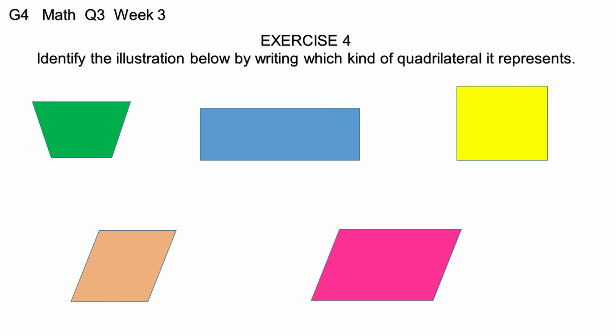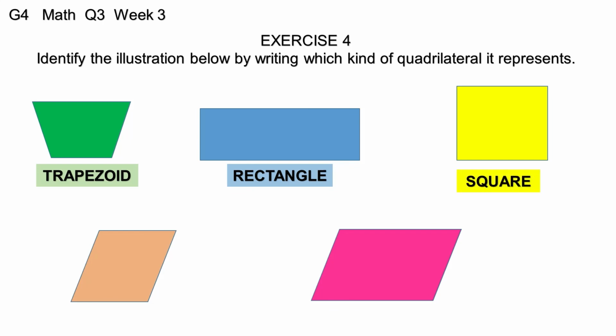Exercise number 4. Identify the illustration below by writing which kind of quadrilateral it represents. So, yung green muna. What do you think? The green one is a trapezoid. Number 2, the blue one. It is a rectangle. Number 3, the yellow one. It is a square.